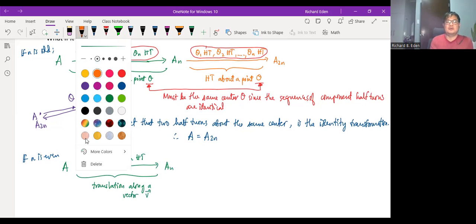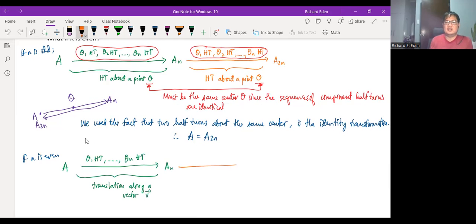And then when you perform the same sequence of half turns, bringing us to A sub 2n, what we get is, again, a translation along the same vector v.